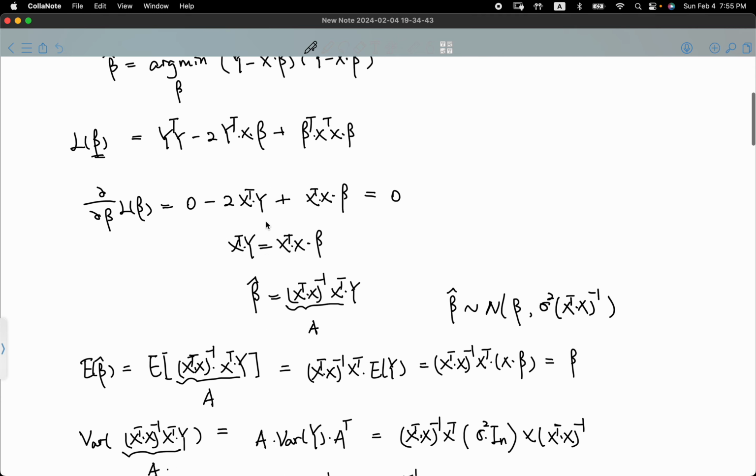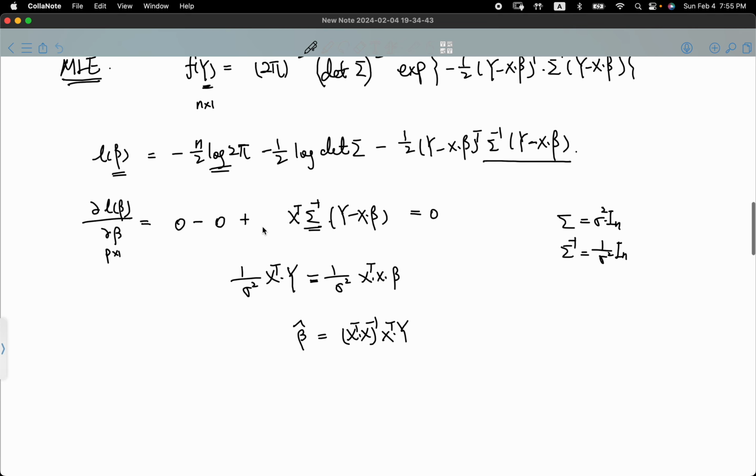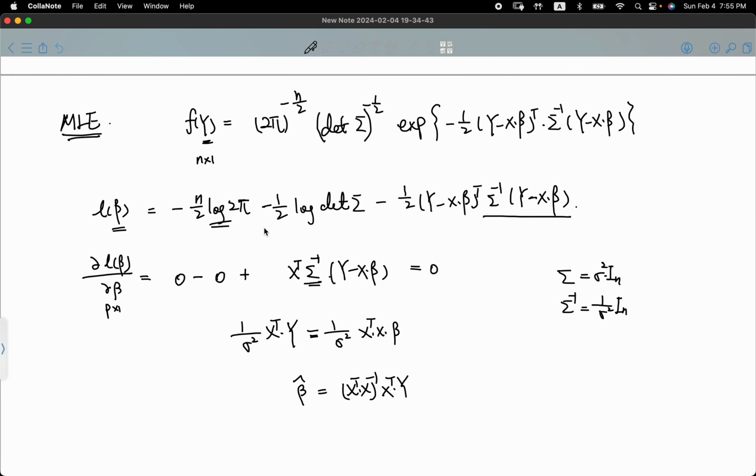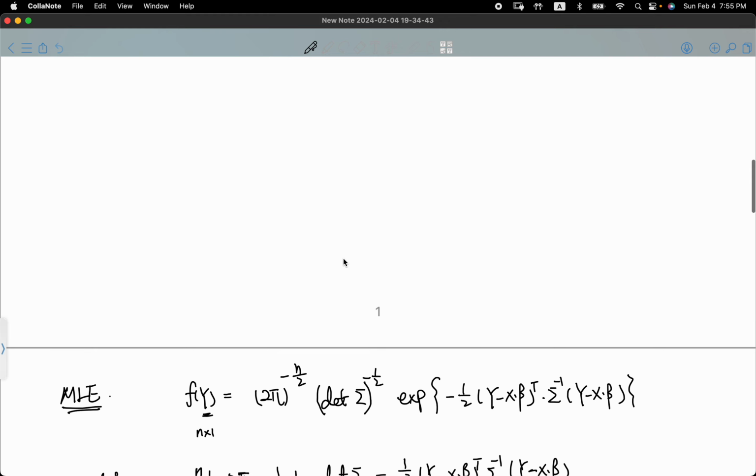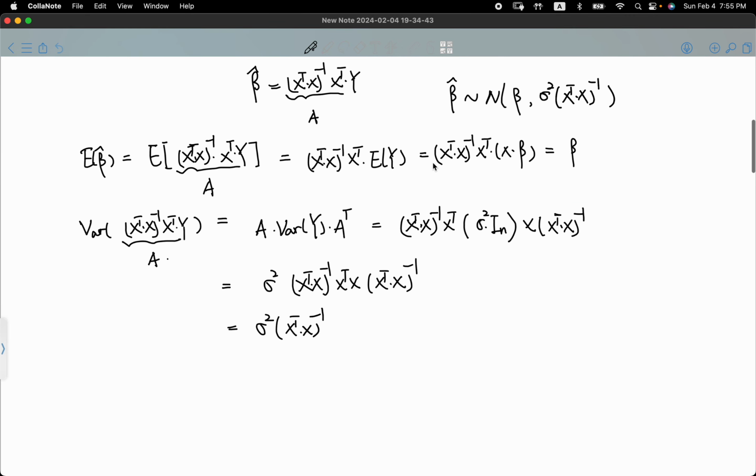So what we have seen so far is two ways to solve for beta, and we also commented on the distribution for beta hat.